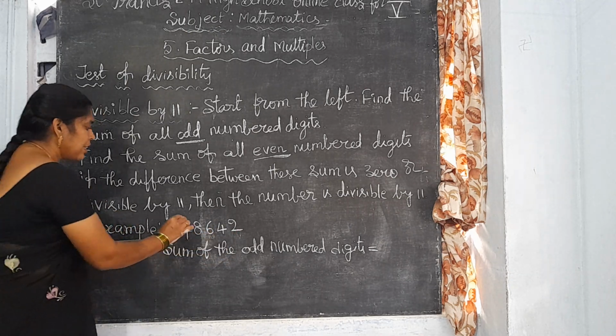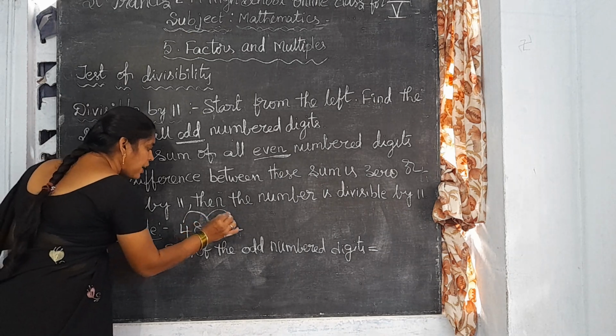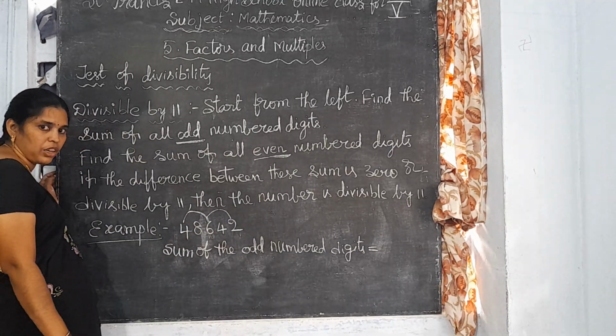Is it clear? That is the meaning of the sum of the odd place digits.